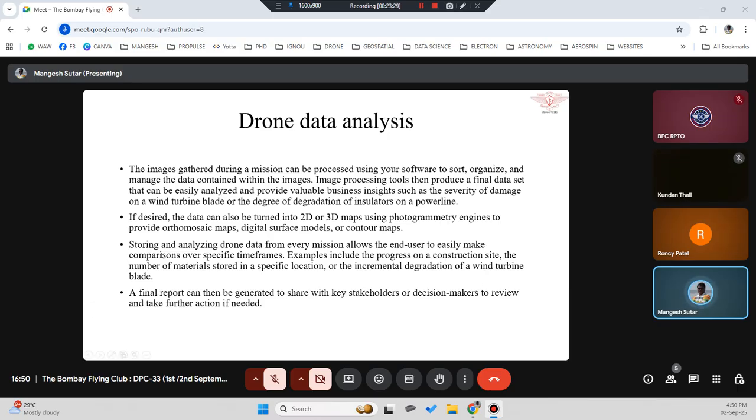That can be seen when you have recurring images captured for that particular area. A final report can then be generated to share with the key stakeholders or decision makers to review and take further action if needed. So that is what we normally present under drone data analysis by the analyst, based on the data captured by the drones.